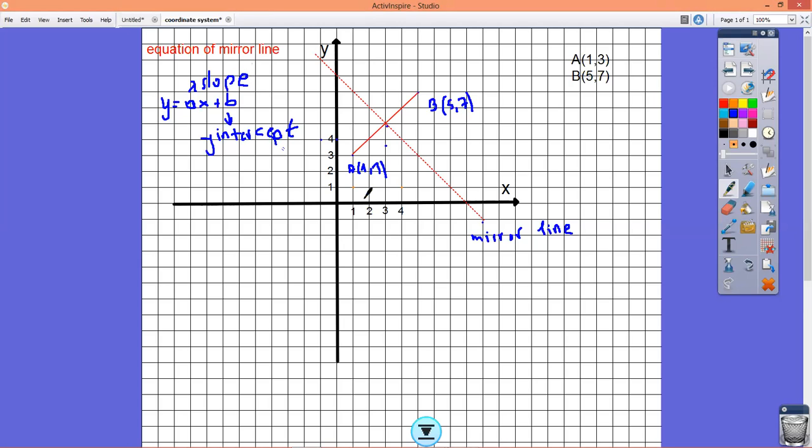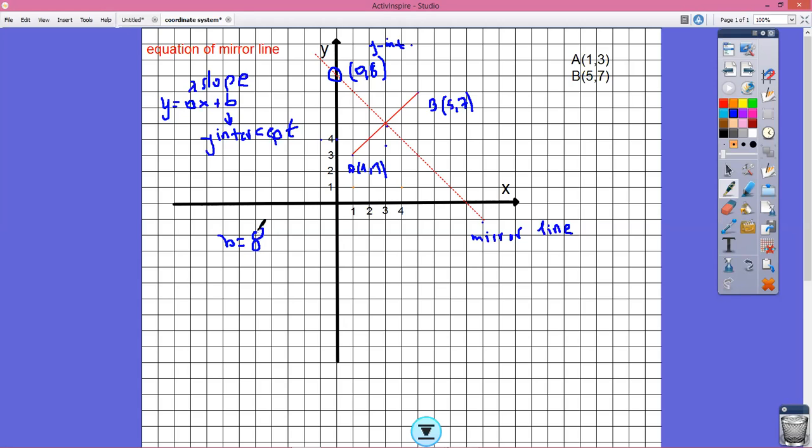Now the y-intercept here, this point will be the y-intercept. Let's say 4, 5, 6, 7, 8. Now the point (0, 8) is the y-intercept. Then b must be 8.